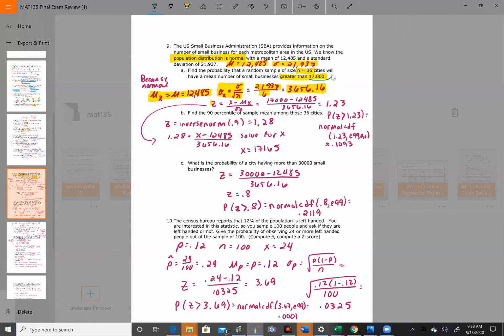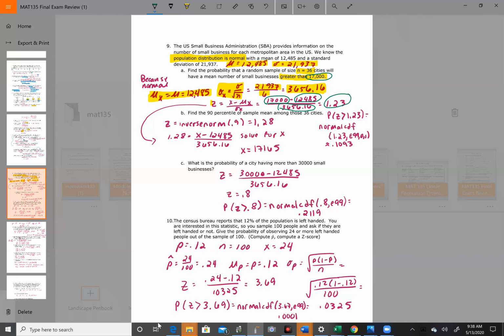We want to find it greater than 17,000 on our sample. So 17,000 is our observed, or what we want to know, minus the mean, so it's the same z-score I just talked about above, divided by the standard deviation of your sample. So our z-score for that was 1.23.